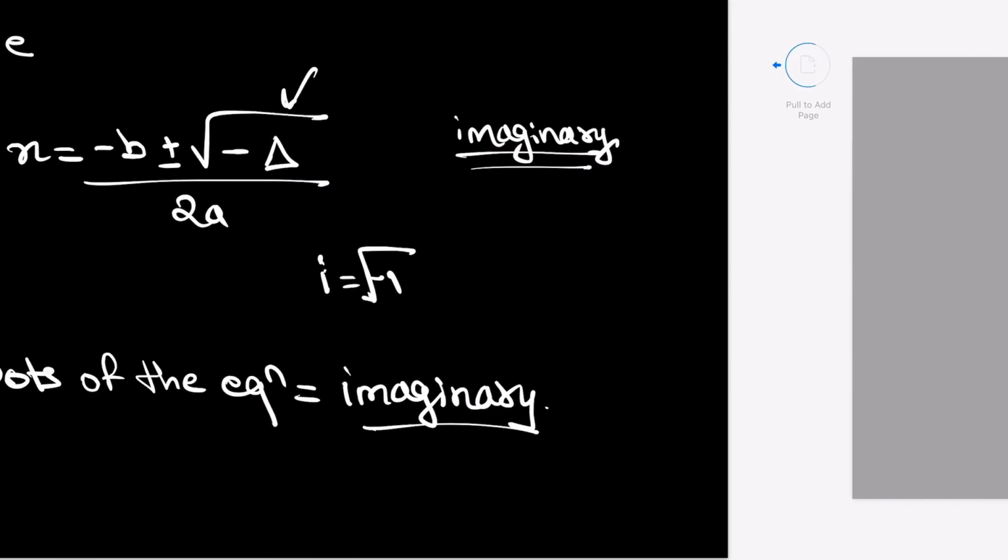Now to give you just an example, let's say we take x square plus x plus 1 equal to 0. Now let's calculate delta for this. Delta is b square minus 4ac. Now b square is 1 minus 4 is minus 3.